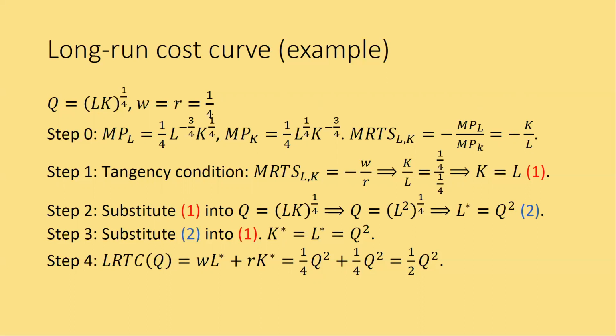And we see that this L star is a function that depends on Q, and implicitly it depends on W and R as well. But because W and R are numbers, we have evaluated them. They eventually became a coefficient of 1 in front of Q squared.